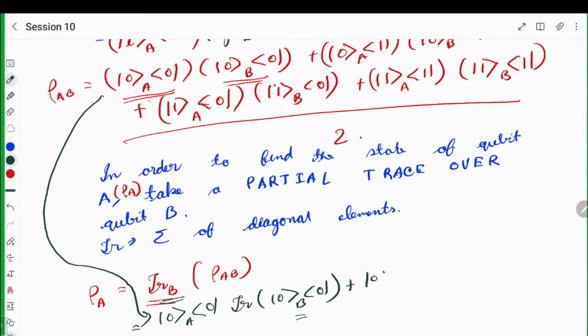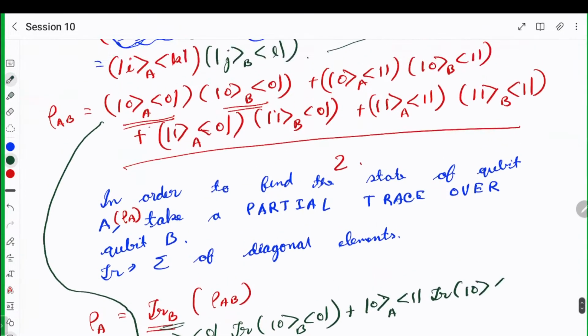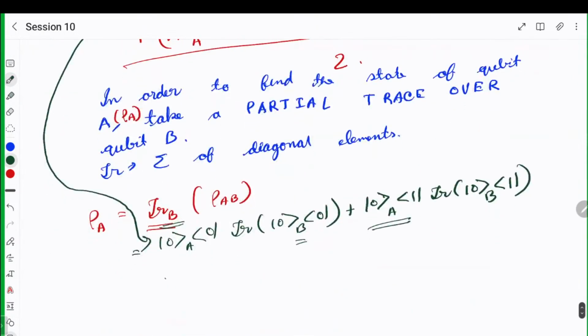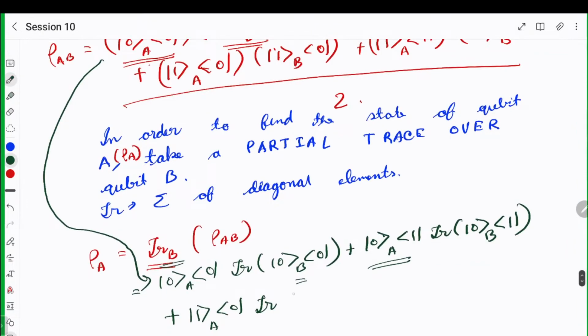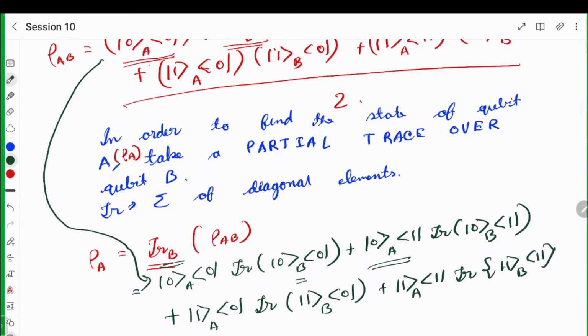Which will give you |0><1| A, trace over |0><1| B. So notice again A is unchanged. And then we have |1><0| A, trace of |1><0| B. And then |1><1| A, trace of |1><1| B. All right.